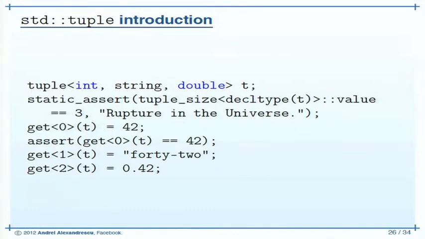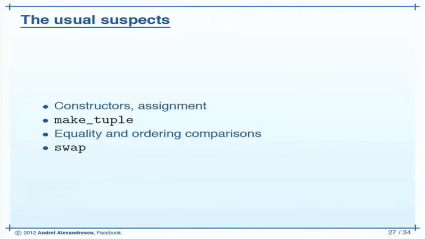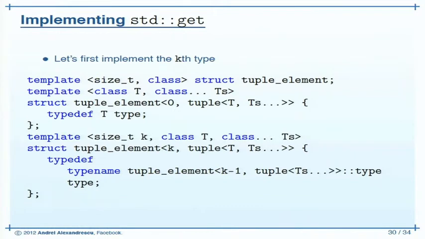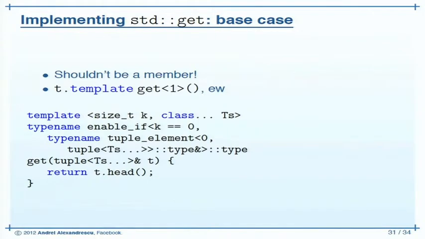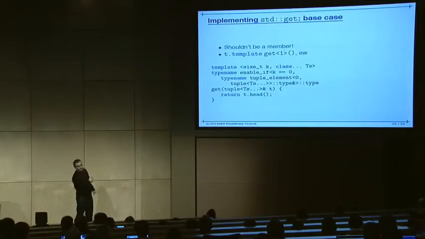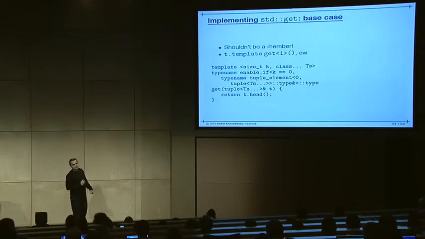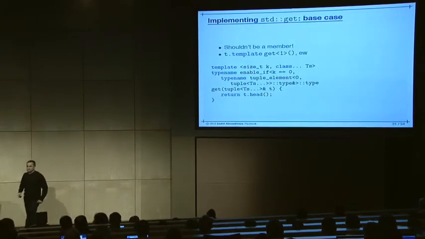So I return by reference. I return an actual reference to the object sitting inside the tuple. Right? I'm not returning a copy. So, where were we? Here. So we say, well, if k is 0, then definitely we just return the head of the tuple. We're done. Because k is 0.